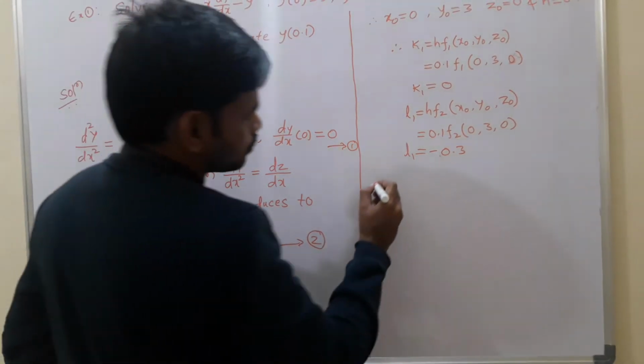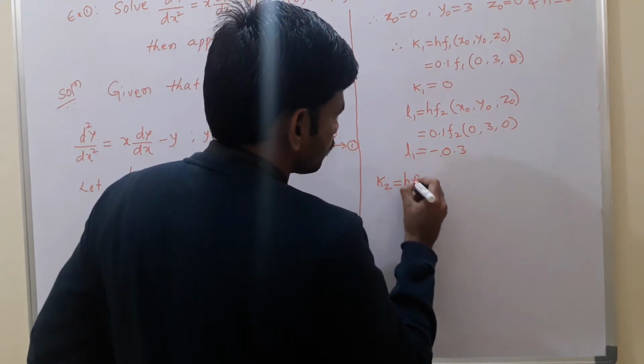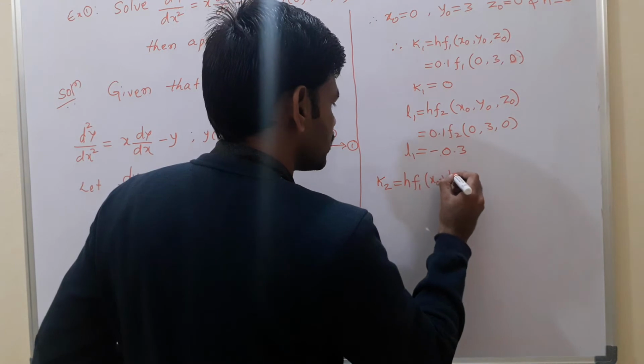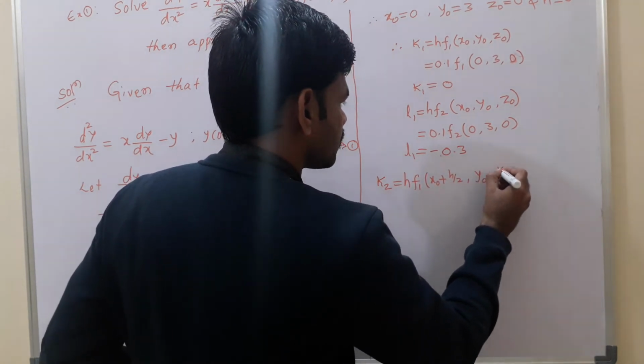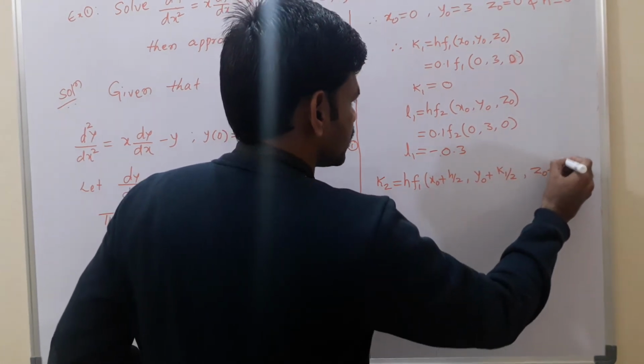Next, k2 equal to h into f1 of x naught plus h by 2, y naught plus k1 by 2 and z naught plus L1 by 2.